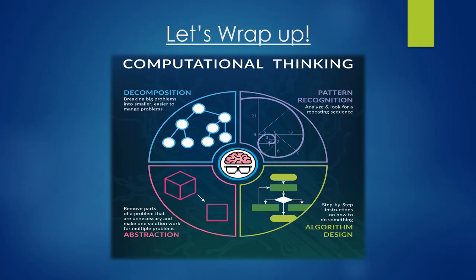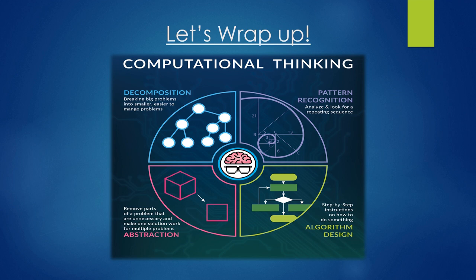Let's wrap it up: computational thinking is nothing but a problem-solving technique where you think like a computer and solve very complex problems in no time. Now it has 4 basic components. Decomposition, that breaks bigger problems into smaller ones that are easy to manage.